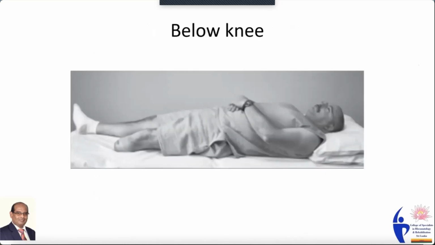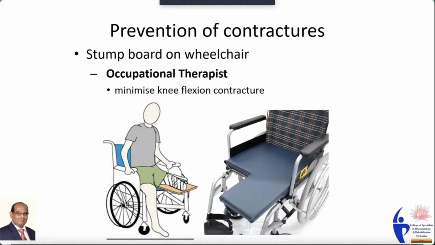Hence, how to overcome that is by advising on good positioning, like sleeping this way in a below knee, and also for below knee when they are seated, giving what is called a stump board, which is prepared by the occupational therapist, which will minimize the knee flexion contractures.